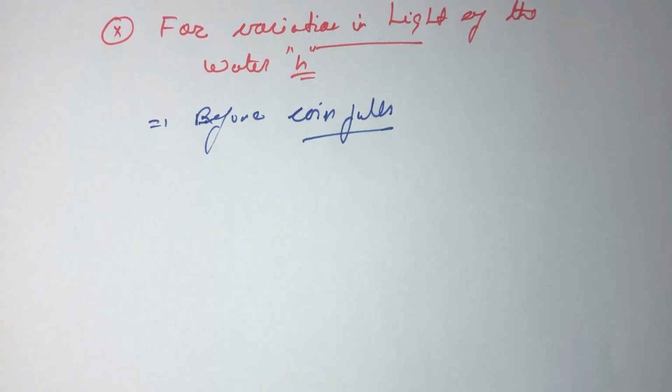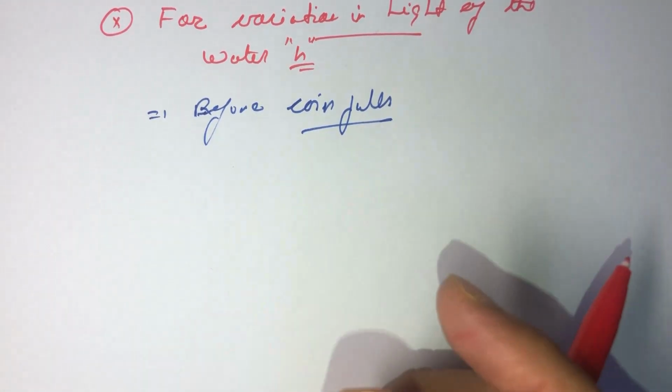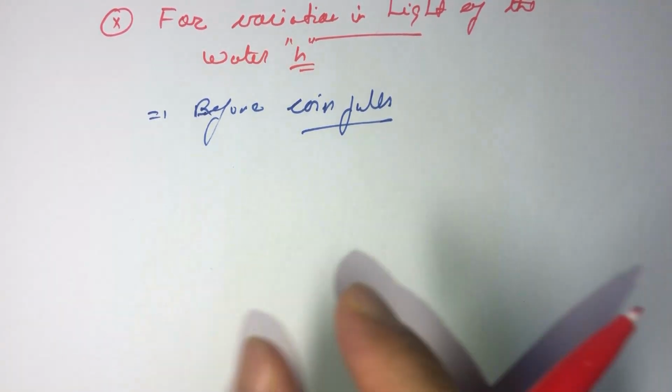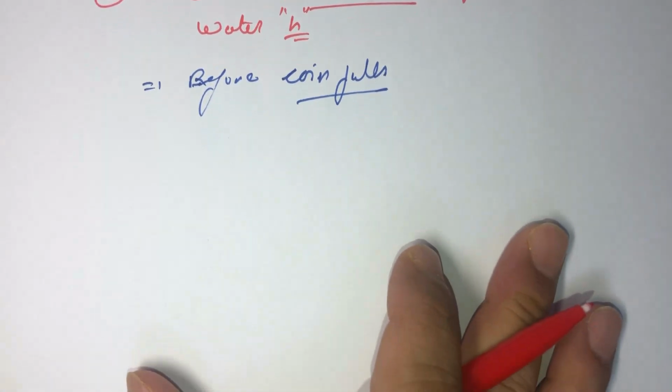In this case, the volume of the water displaced by the floating wooden block will be dependent on both the mass of the block as well as the mass of the coin.